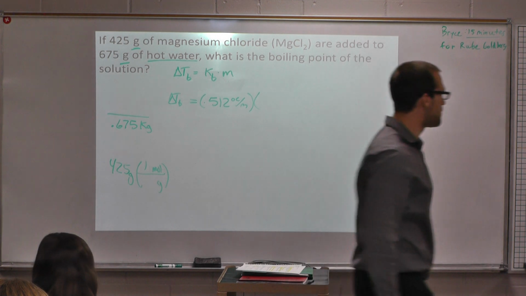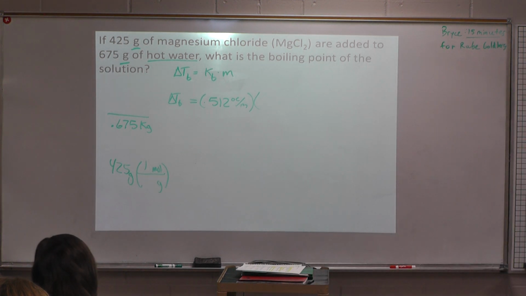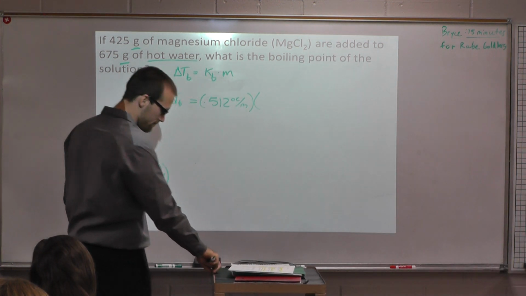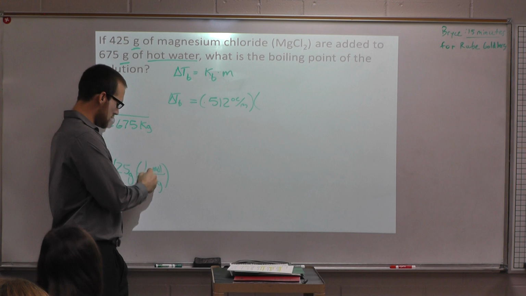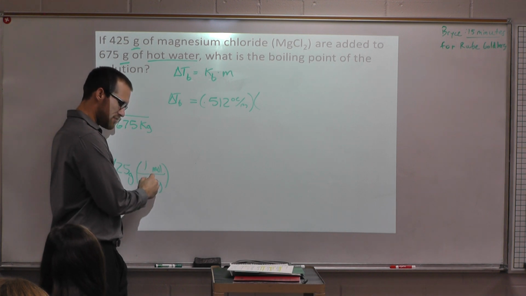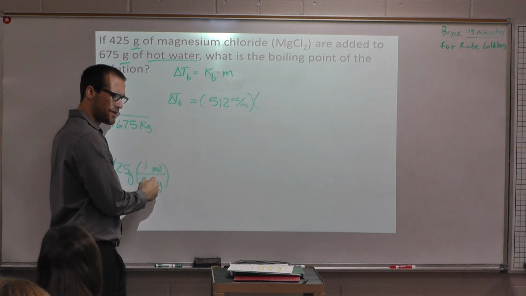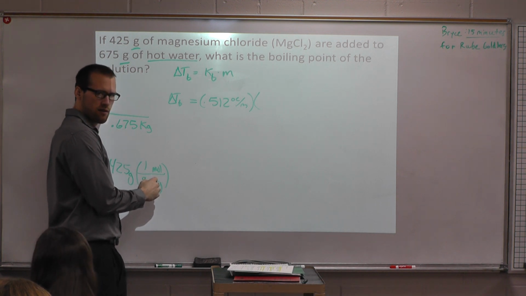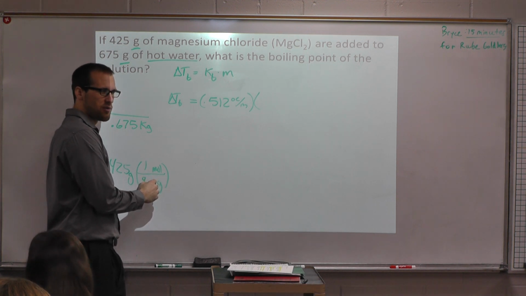So magnesium plus 2 times chlorine. It's 95.21, but the moles is 4.46. I have 95. Did I write that wrong? Did anybody else get 96.21? You guys are waiting on me, huh?